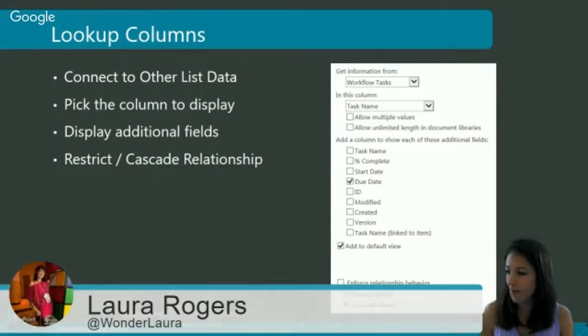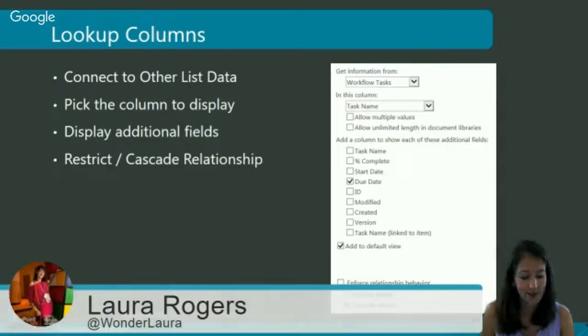Maybe it's a little better now. It's just clipping the top of the title of the presentation, but it's all right. I'm not sure what I can do about that. You can't see that it says lookup columns? You can, you just can't see the top of the C, but we can read.